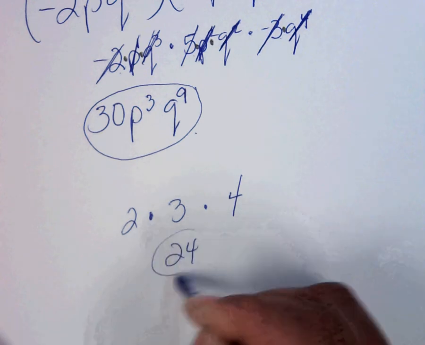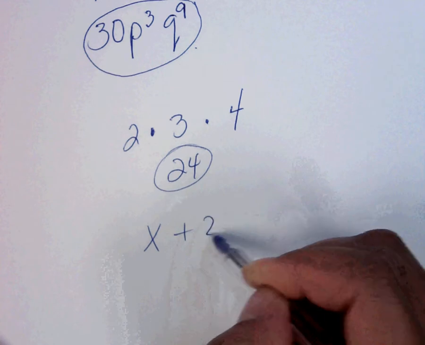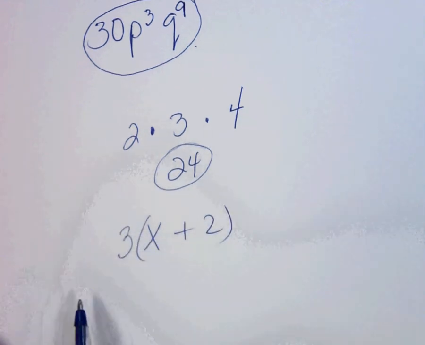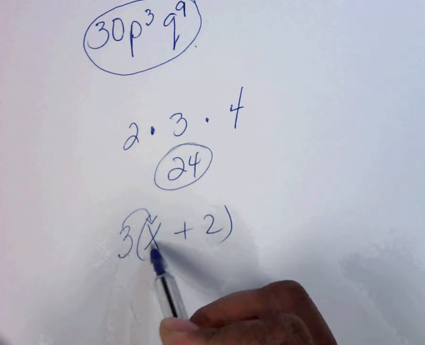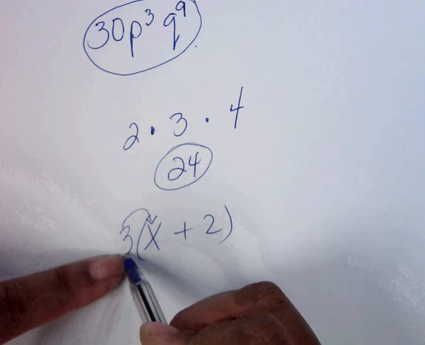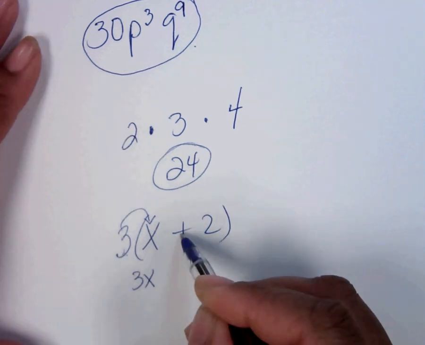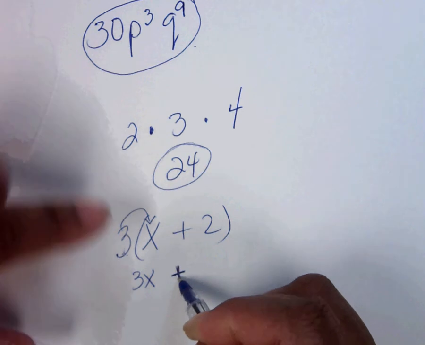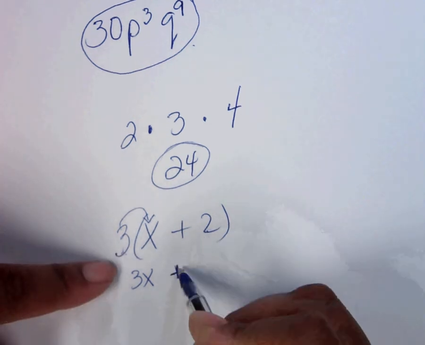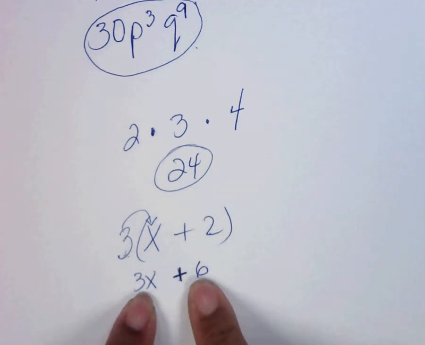We have one answer. Number 9 was a little different. Number 9, we had to distribute the 3 to the first term, to the monomial, to the first term. That gave us this. And this plus sign had to come down because 3 times 2 gave me a positive 6. See, I have 2 terms here versus just 1.